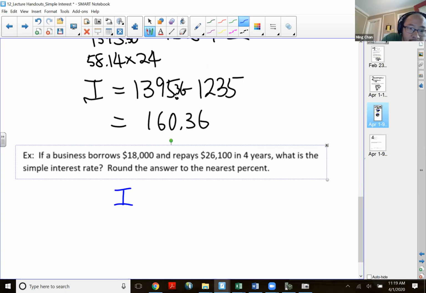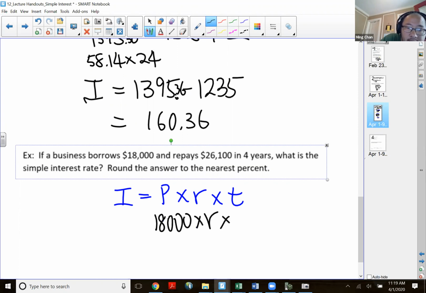So this is the common mistake students make. Most of the students will say, okay, we borrow $18,000, so that's P, looking for R, T is 4. So for the interest, this is where the mistake is. Most students put 26,100 for the interest.